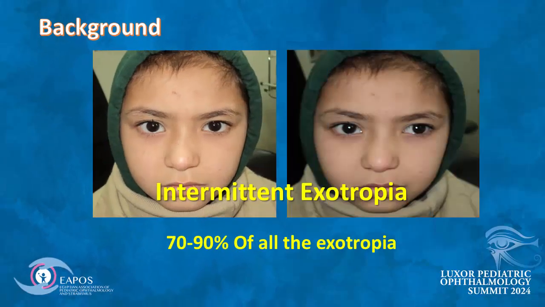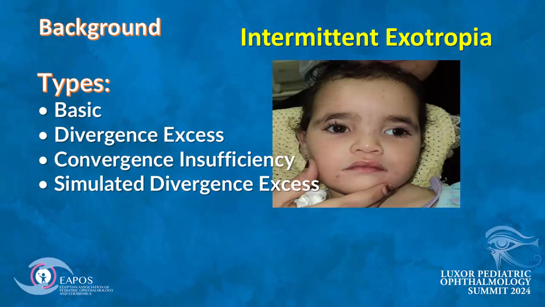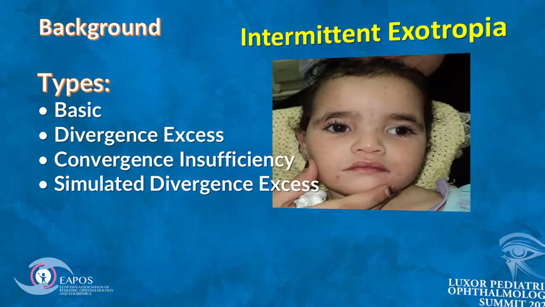As you know, intermittent exotropia represents about 70 to 80% of exotropia all over the world. And we also know that the four types of intermittent exotropia are basic type, divergence excess type, convergence insufficiency, and lastly, the simulated divergence excess intermittent exotropia.